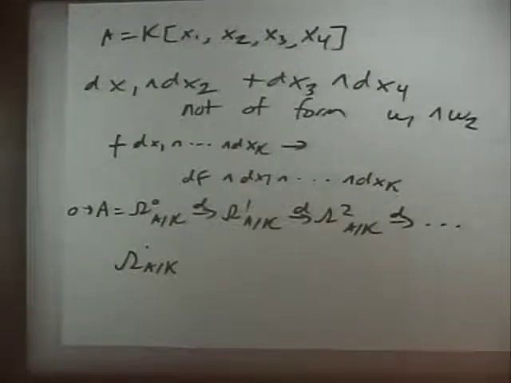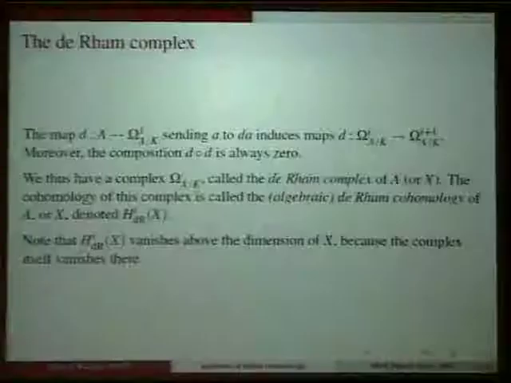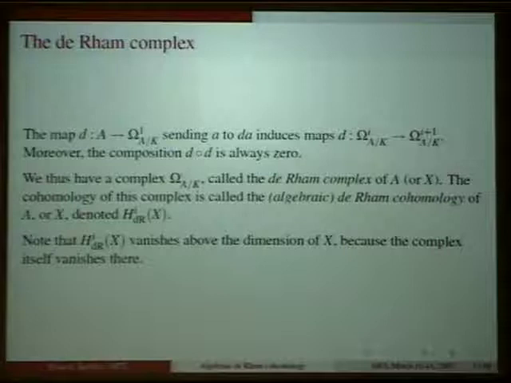And the cohomology of this complex is algebraic de Rham cohomology. It is denoted H^i de Rham of X in these talks. I think I'll always write X instead of A, although if I put an A here, it means the same thing. So this is the algebraic de Rham cohomology. It's just the cohomology of this naive complex of differential forms cooked out of the Kähler differentials.